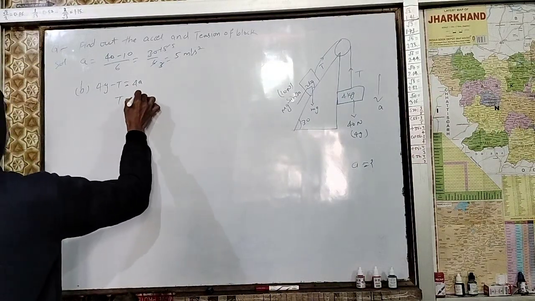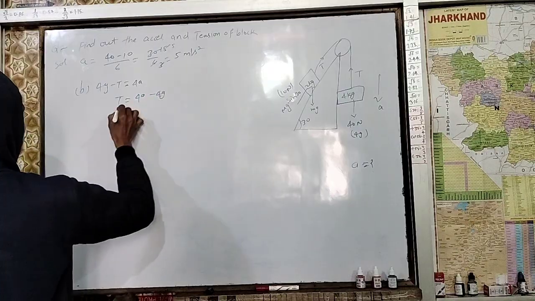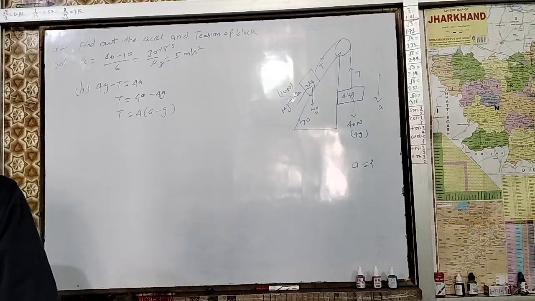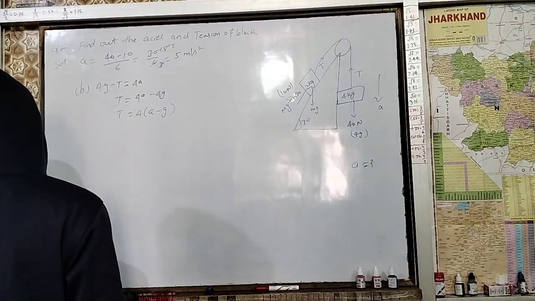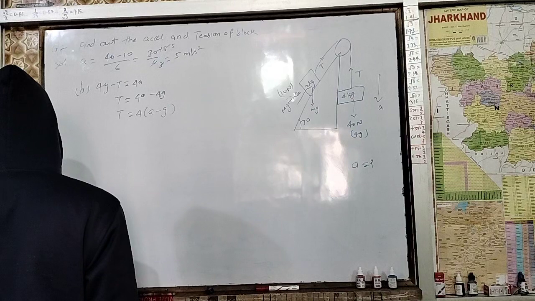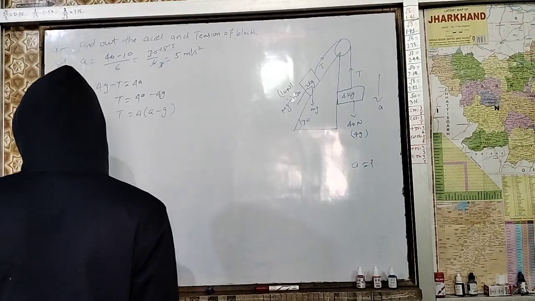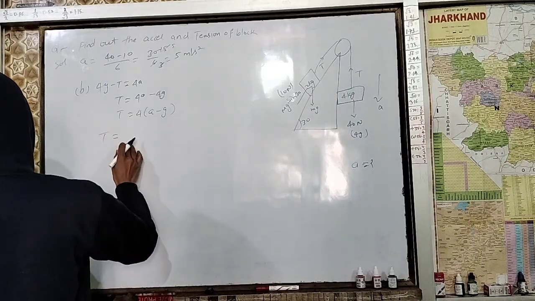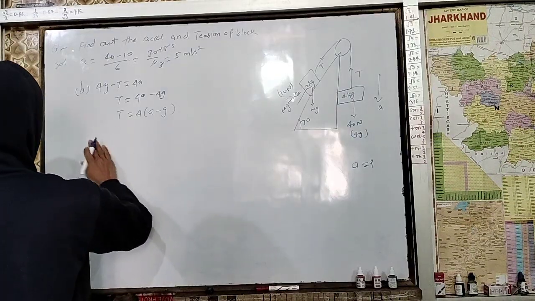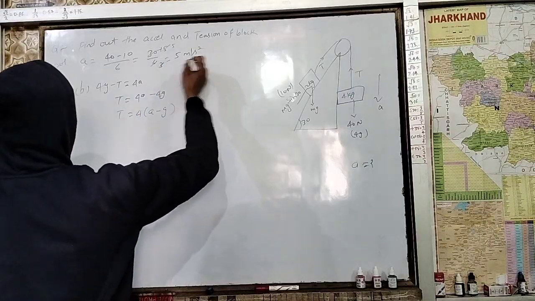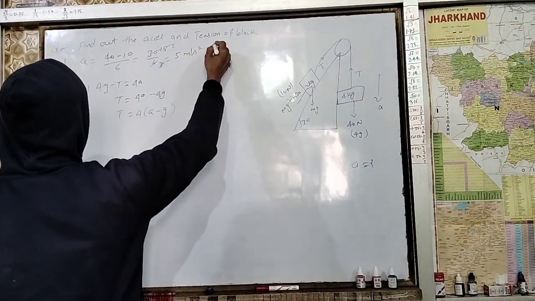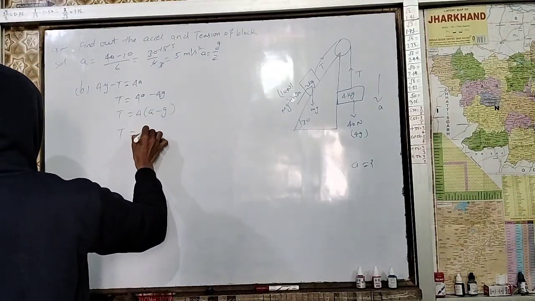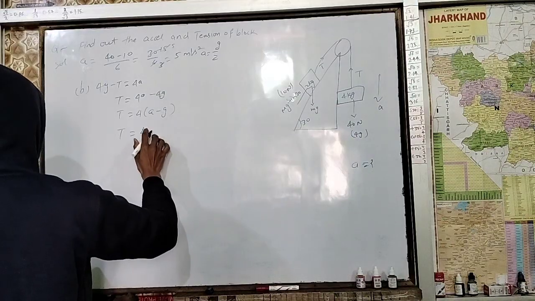So T will be 4a minus 4g. 4 is common: a minus g. Or you can say T will be equal to 4(a minus g), this is correct. Now see over here, value of a is g upon 2. Just put the value of a.